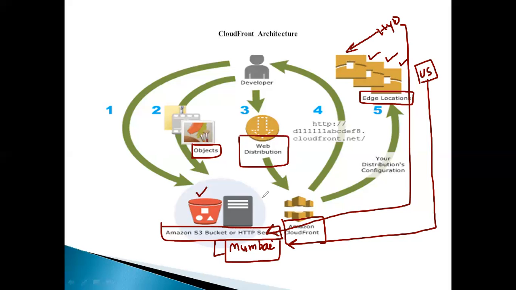In a web distribution, you will select an origin. You can select the origin as S3 or Route 53 or an Elastic Load Balancer, etc. In my use case, my hands-on and practical, I will go for an S3 bucket. First of all, I will show you a beautiful website and how you are going to host it, and then you can distribute your static and dynamic content to edge locations all over the globe.